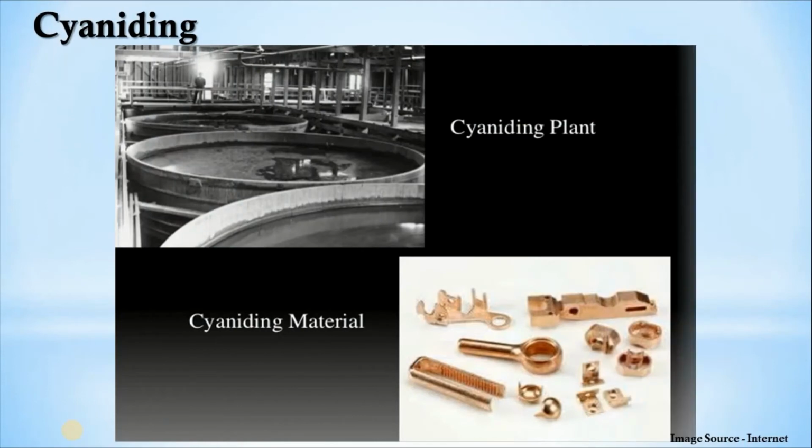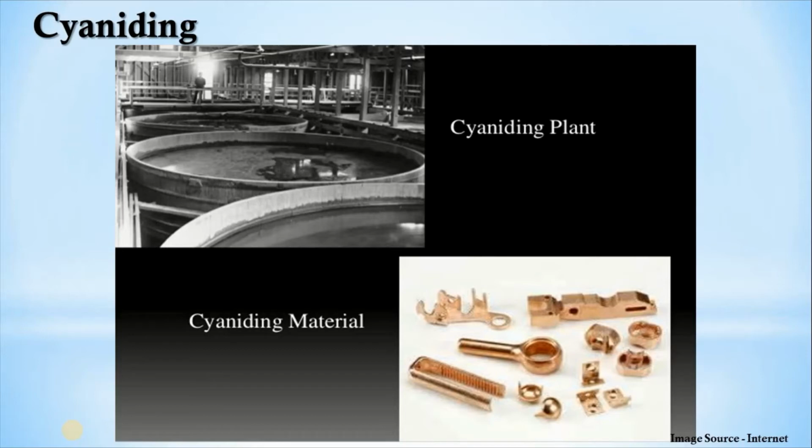Then the next type of case hardening is the cyaniding process. Here, an iron based alloy is heated in contact with a cyanide salt so that the surface absorbs carbon and nitrogen. You can see the cyaniding plant, and based on that we get the cyanided material, which is fully finished.